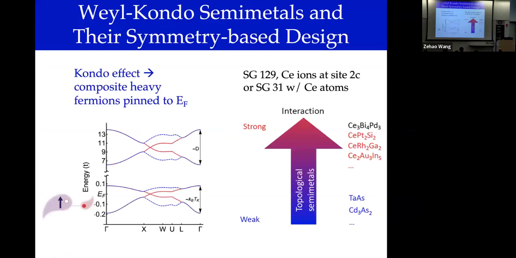So the main thing that I really talked about was the basics of Weyl Kondo semimetal, in which the correlation effect in the form of a Kondo effect produces low energy excitations, which, because of the low energy scale, have features associated with states in the vicinity of the Fermi energy, features that include, in this particular case, the development of Weyl nodes that are pinned to the vicinity of the Fermi energy, and also with small velocity.